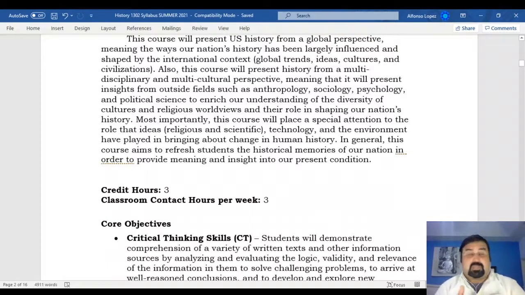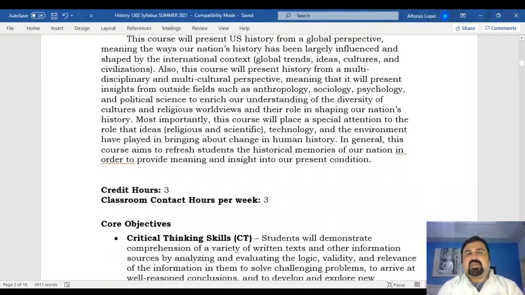Technology is also going to be central in this discussion, and also the environment: how the environment was shaping the way people live, whether there were environmental crises or changes that were causing people to migrate, to move, or to experience crises in the world.